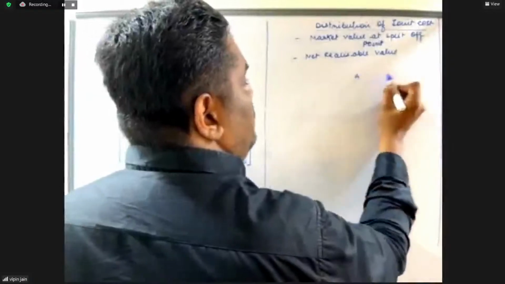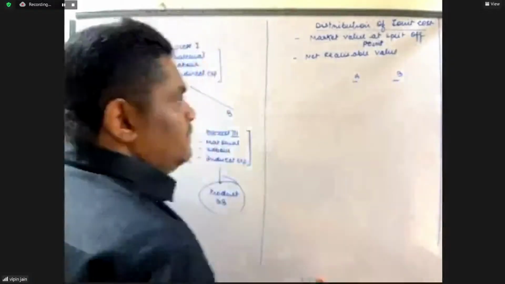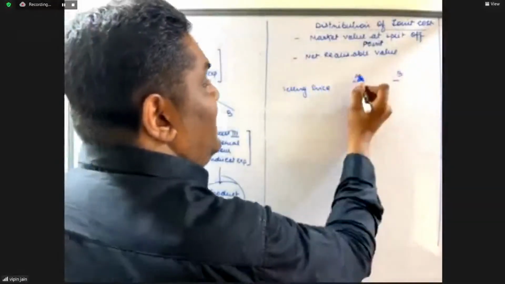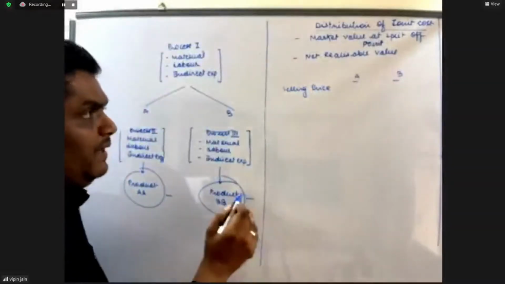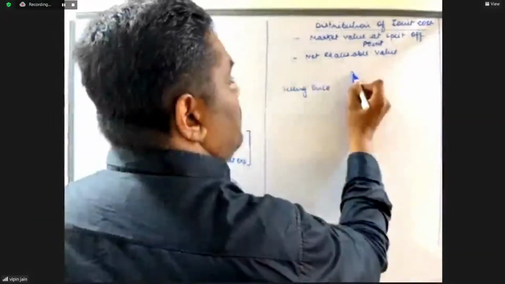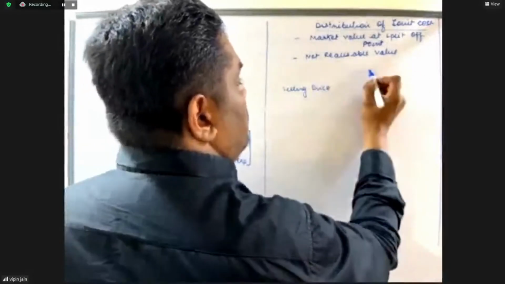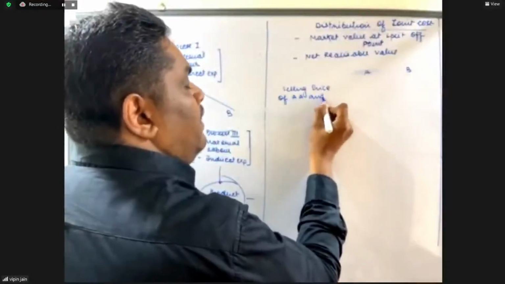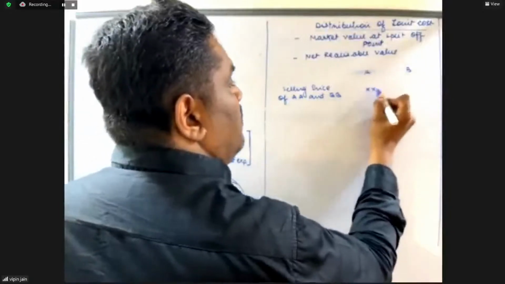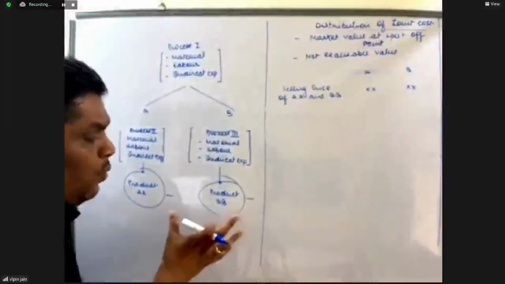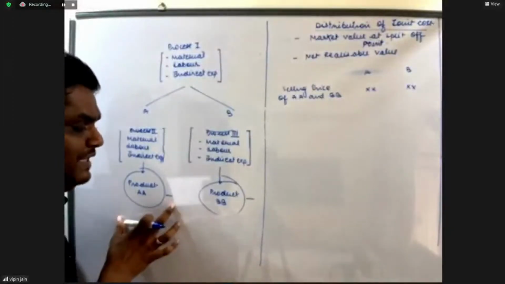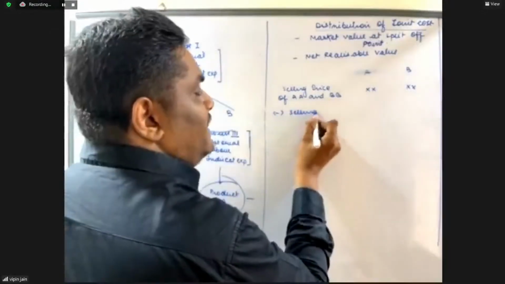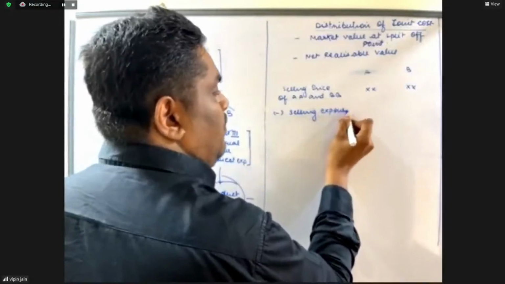Let's say we are manufacturing two products, A and B. We'll take the selling price of double A and double B. In this, whatever selling cost is incurred to sell these products double A and double B will be deducted. So minus selling expenses, if any.